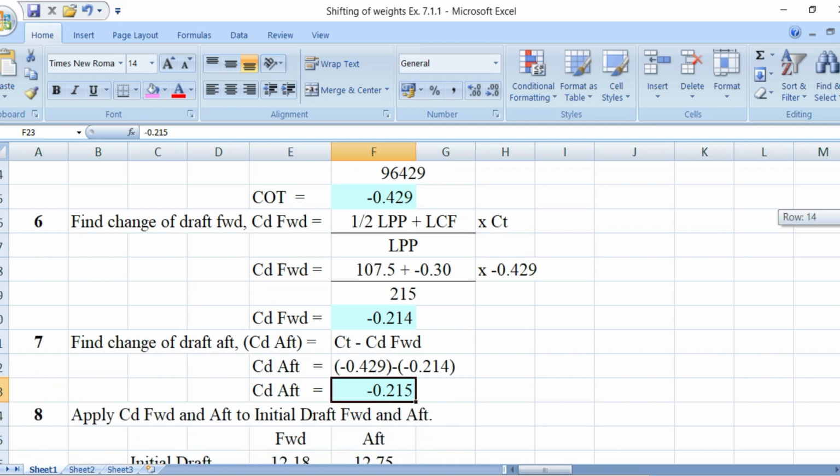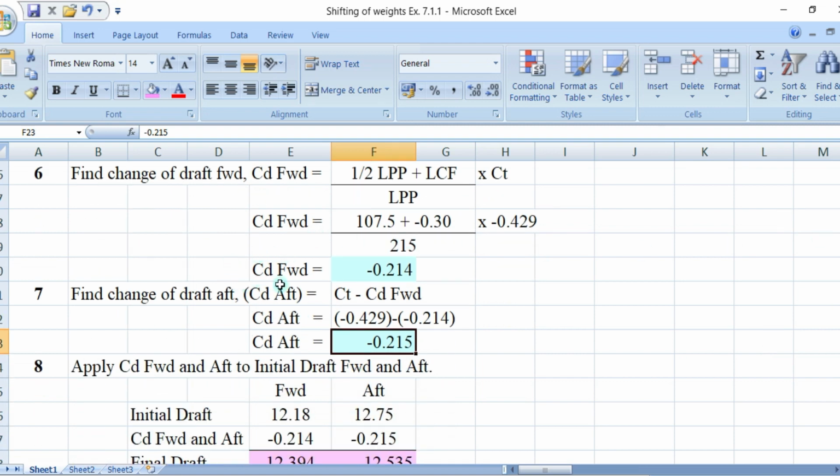Okay. Then once you get your change of draft forward, it is incumbent that you also get the change of draft up.